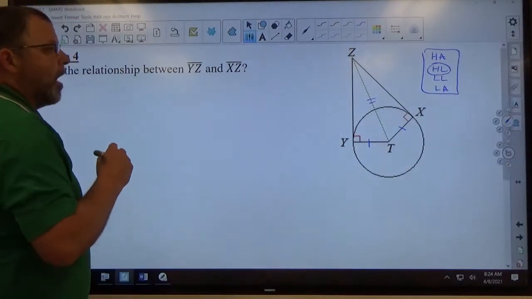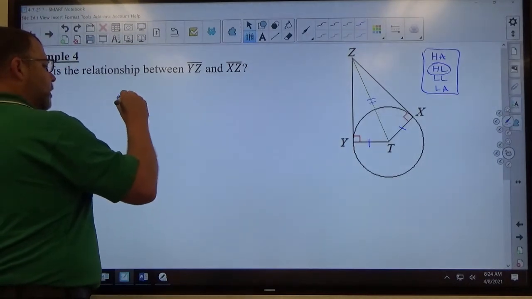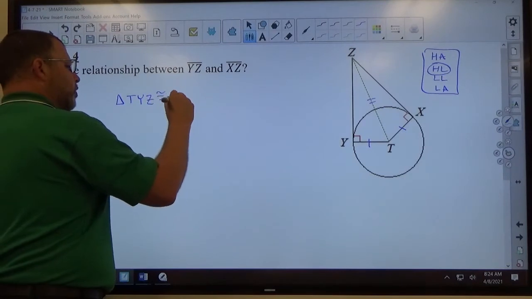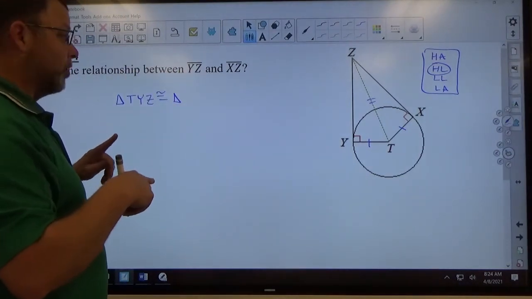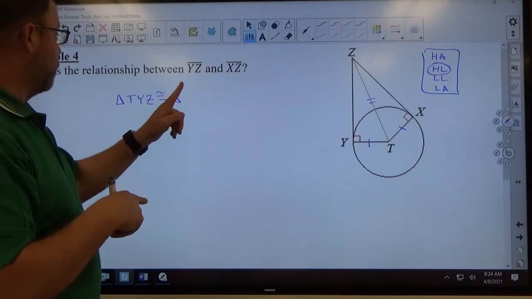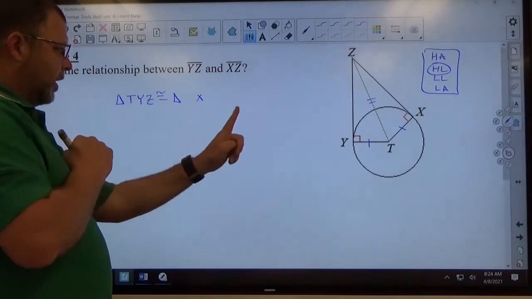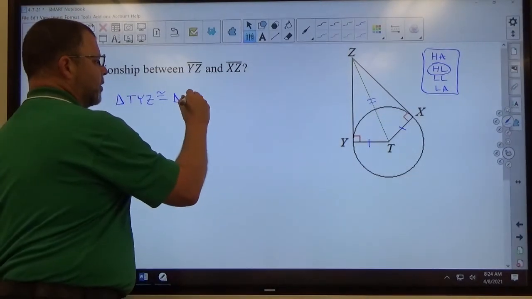So I know for a fact that triangle tyz must be congruent to triangle something. All right, so we have to label things in the same order. So I know y and x are both the right angles, so I'm going to put x in the middle. I know ty matches tx, so ty is in front, so I'm going to put tx in front.